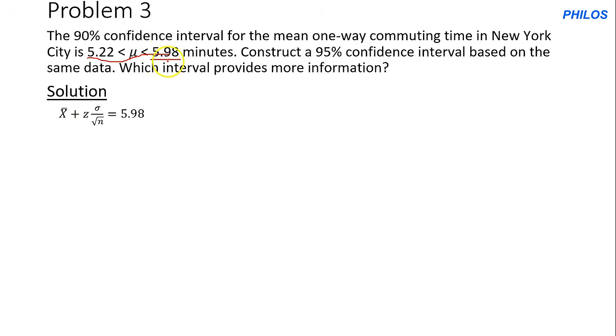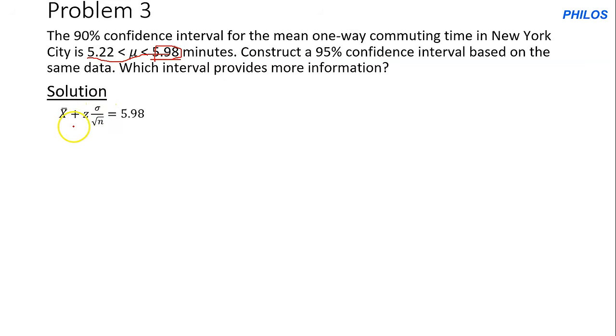Remember that we got the upper limit by using the formula x bar plus z times standard deviation over root n. And then we got the lower limit by using the formula x bar minus z times standard deviation over root n.